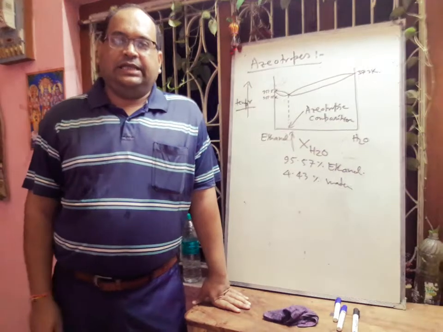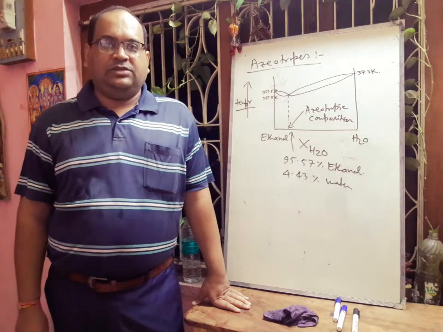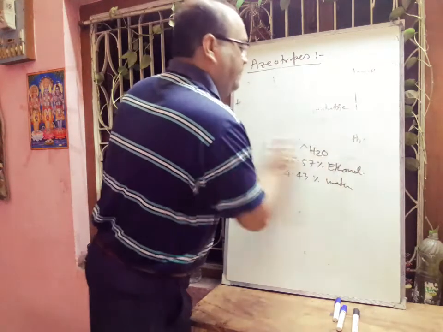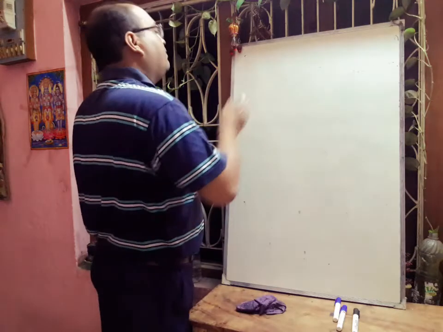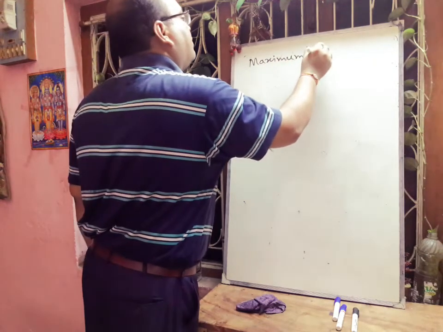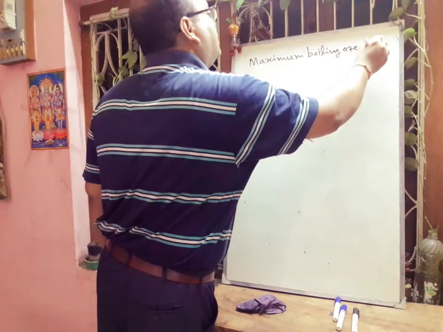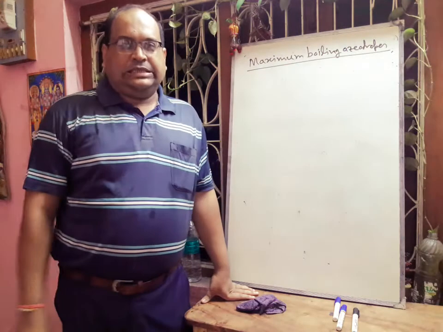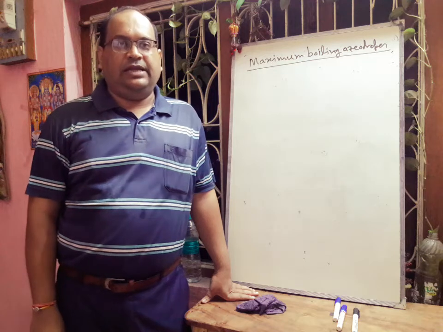Next we will discuss the type 2 or another type of azeotropic mixture, that is called maximum boiling azeotropes. This type of azeotrope is formed by liquid pairs which show negative deviations from ideal behavior.